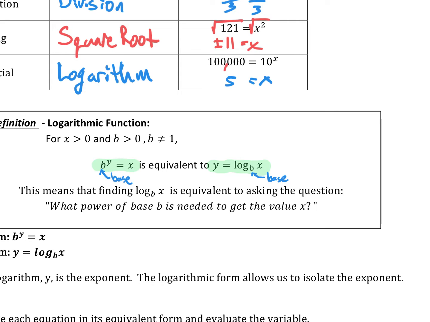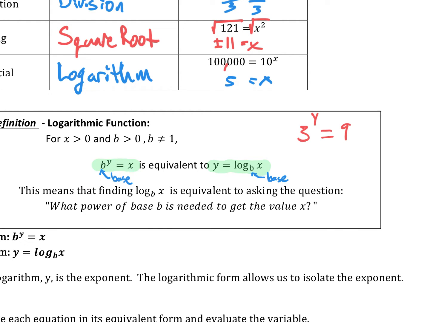All right, so let's put some numbers to it. So this is saying that we might have 3 to the y power equals 9. All right, so we're asking a question. The question is, what is the power we can put on 3 to get 9? Or what power of 3 is needed to get 9?